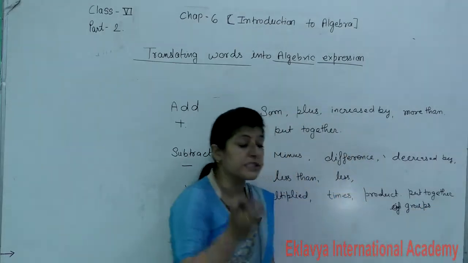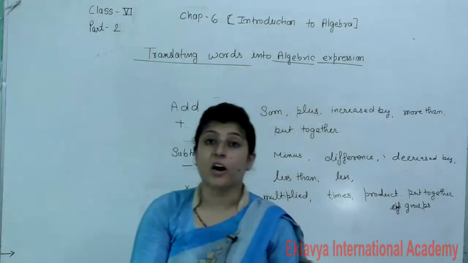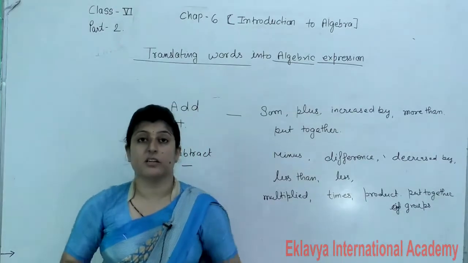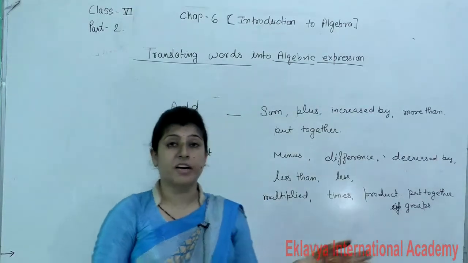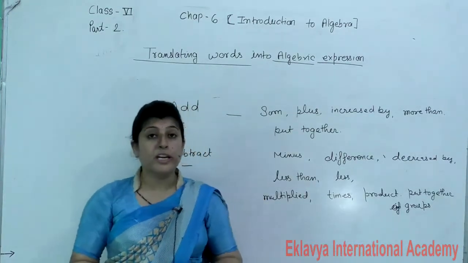We have 5 groups, each having 5 mangoes. Then how many mangoes in total if we put them together? Obviously 5 into 5, that is equal to 25.